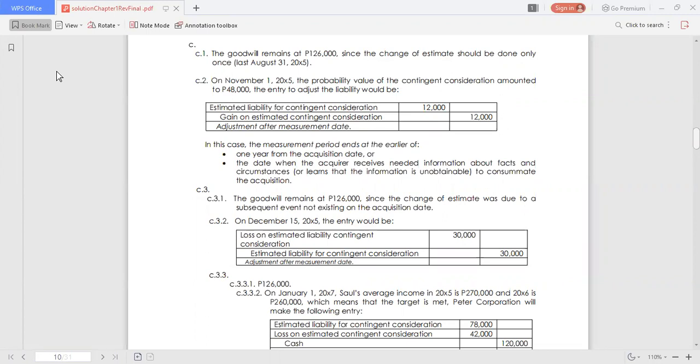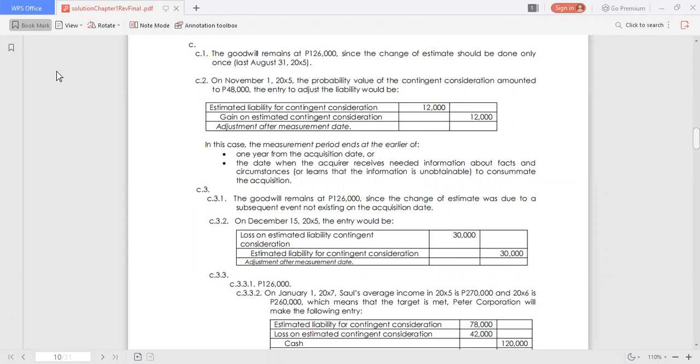And C3.3, January 1, 20x7, Saint's average income is 324,000 and 20x6 is 312,000, which means that the target is met. Determine the amount of goodwill and prepare the required entry for settlement, if any. So in 3.1, the goodwill is 126,000 since the change of estimate was due to a subsequent event not existing on the acquisition date.